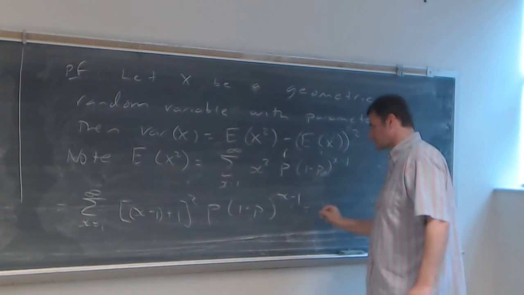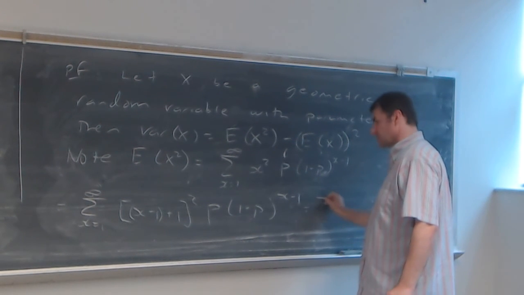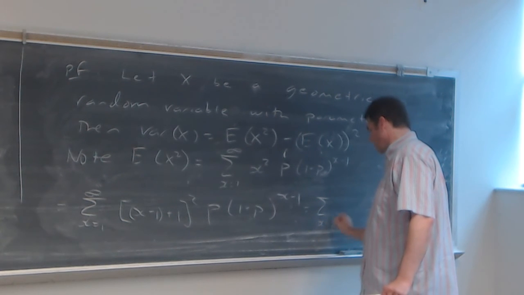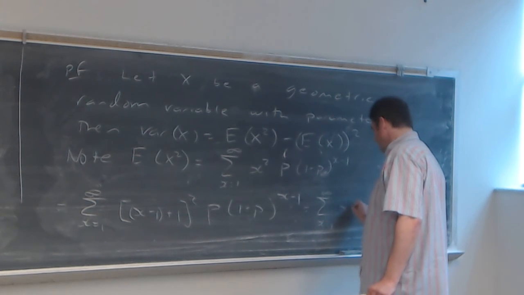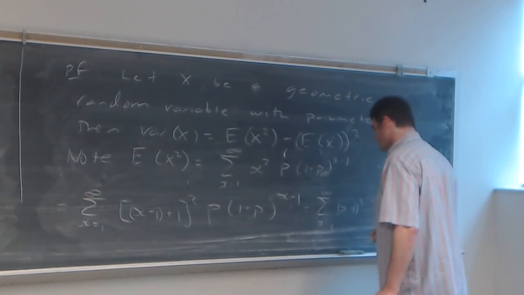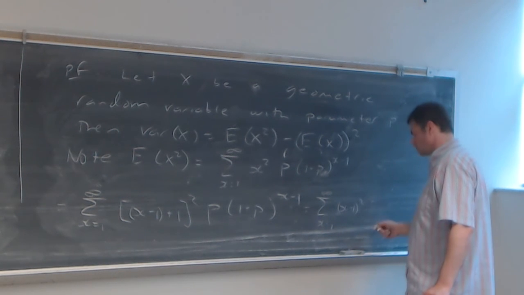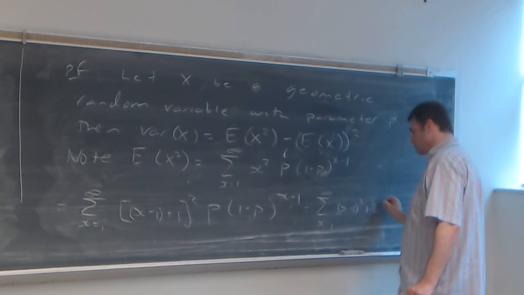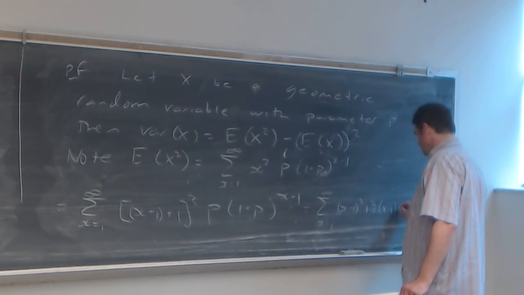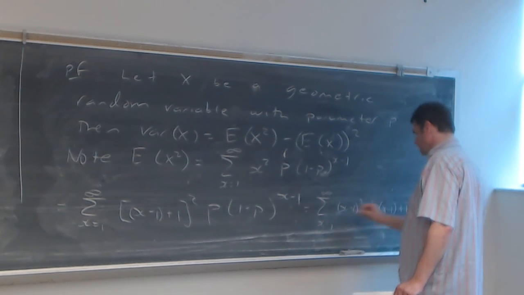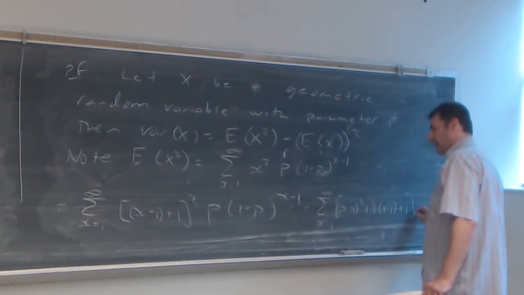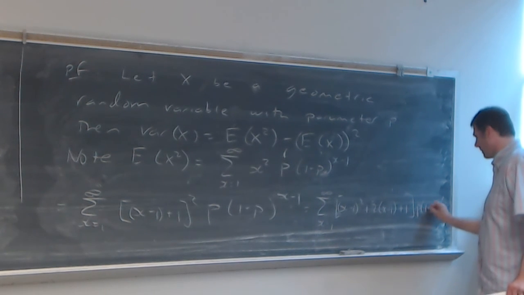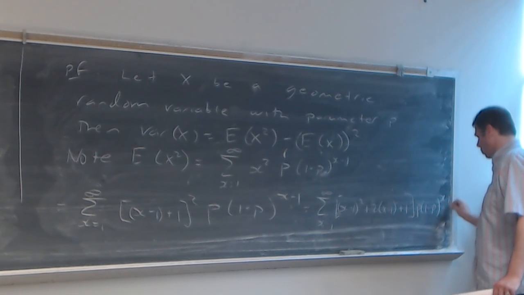So let us square this out. So this is the sum as x runs from 1 to infinity of x minus 1 squared plus 2 times x minus 1 plus 1, all that times p times 1 minus p to the x minus 1.